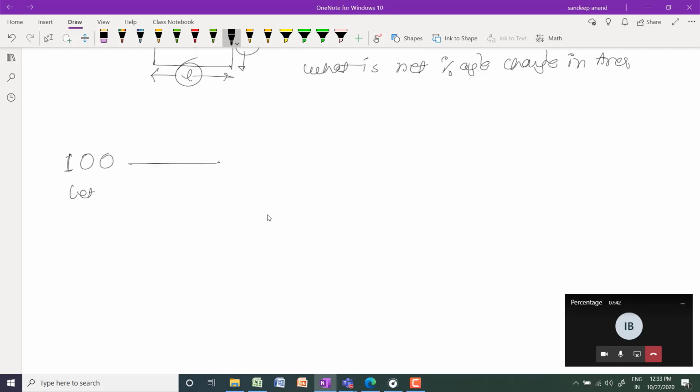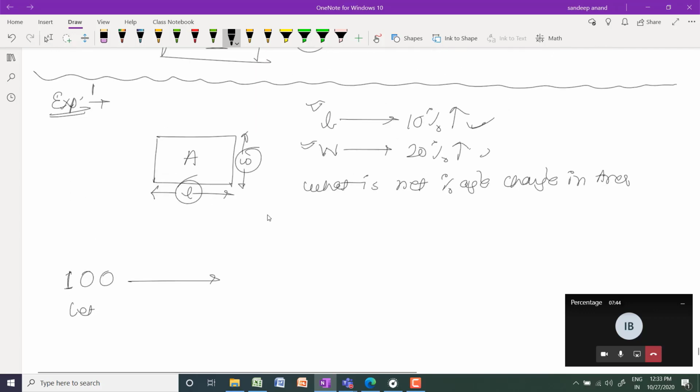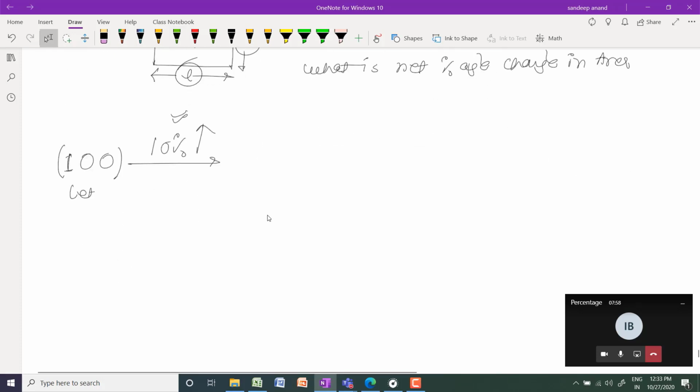Now my length is increased by 10%, so I put 10% increase over the arrow. If initially the area is 100 and you increase one parameter, length, by 10%, what is 10% of 100? If you shift the decimal from this point to this point, 10 will be 10% of 100.